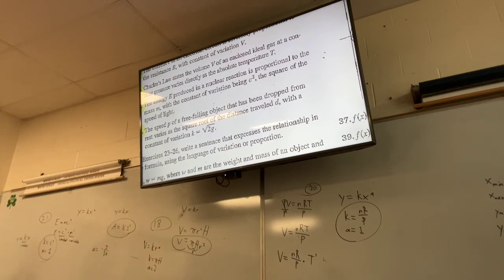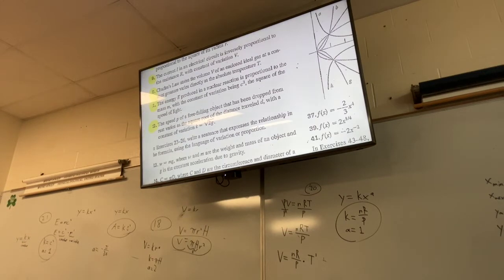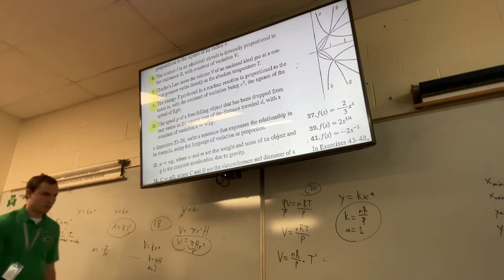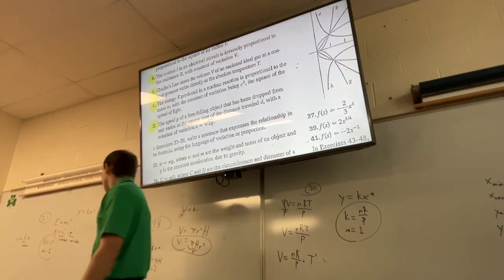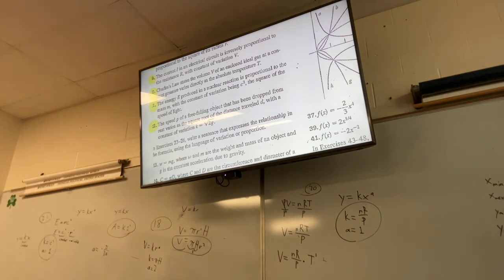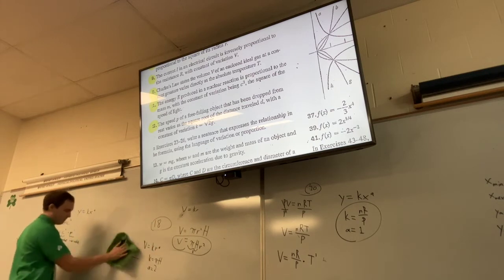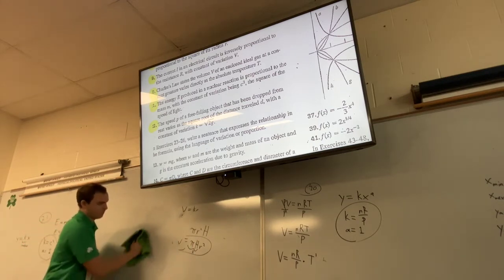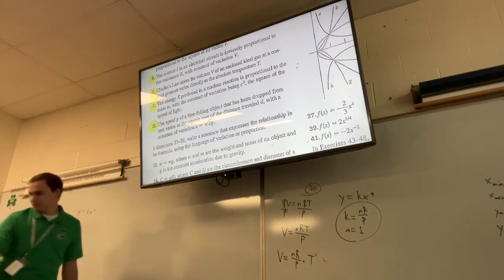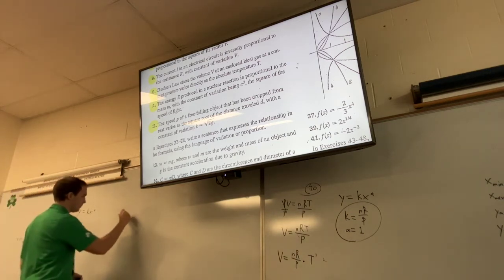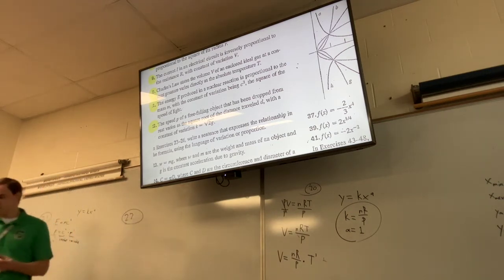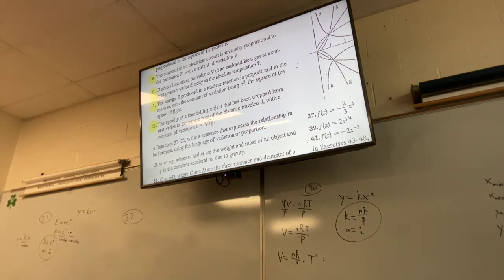Maybe if we look at more of these, let's look at 22. The speed p of a free-falling object that's been dropped from rest varies as the square root of the distance traveled d with a constant of variation k equals the square root of 2g.